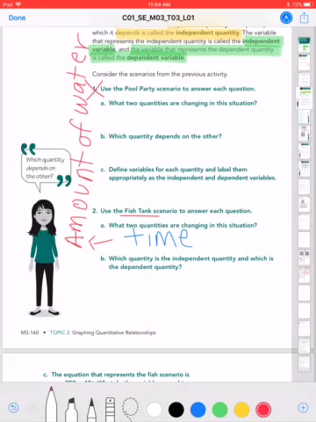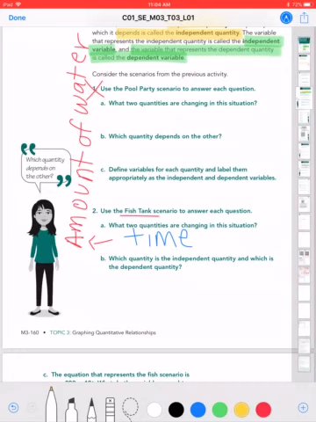Alright, and it says which one is the independent variable and which one's the dependent variable. So I'm going to highlight my independent variable just to save me time, because it's a lot harder for me to write on here than it is for you to write on your paper.